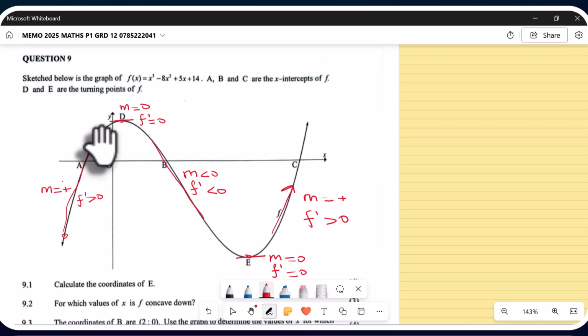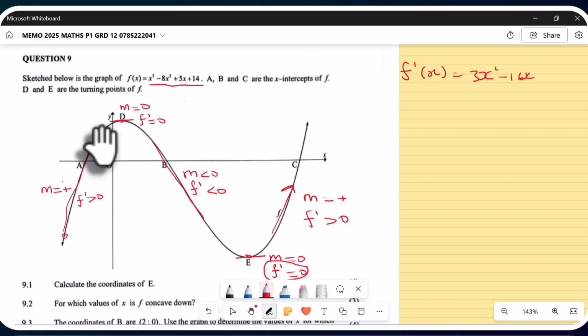So the function given here is x cubed minus 8x squared plus 5x plus 14. If I differentiate to get my first derivative, I'm going to get 3x squared minus 16x plus 5, equals 0.